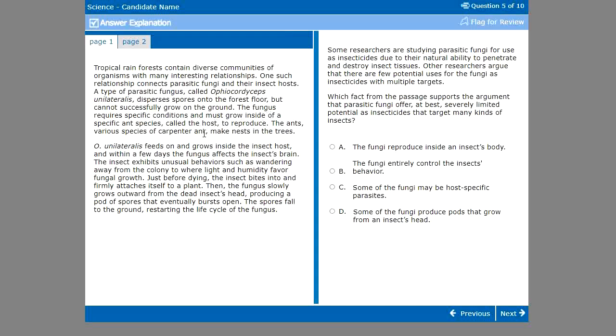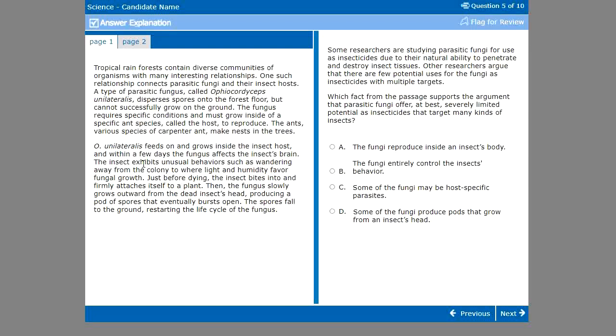The fungus requires specific conditions and must grow inside of a specific ant species called the host to reproduce. The ants, various species of carpenter ant, make nests in the trees. The fungus feeds on and grows inside the insect host, and within a few days the fungus affects the insect's brain.